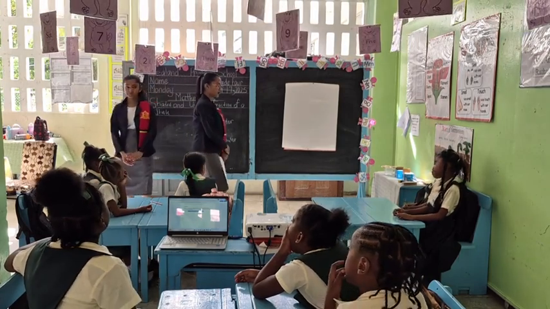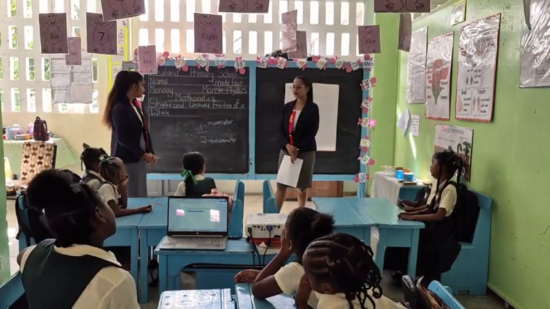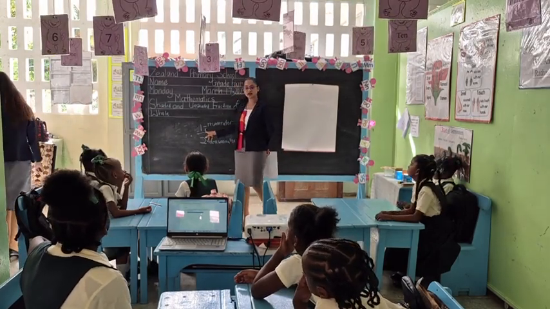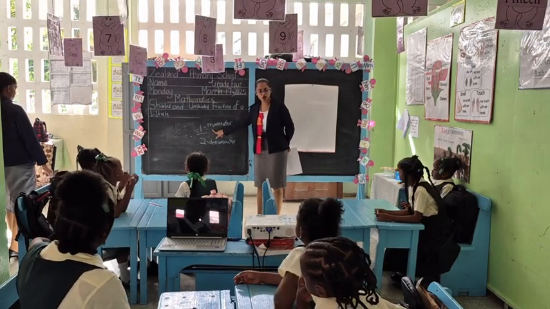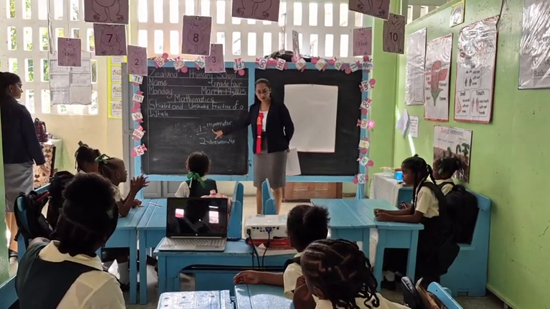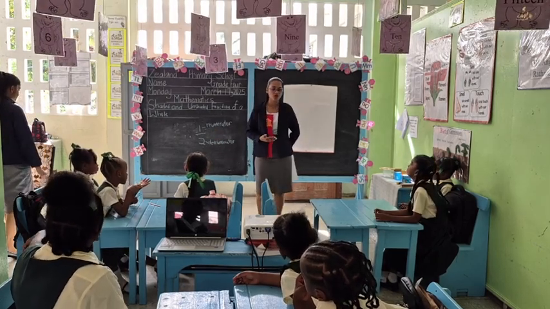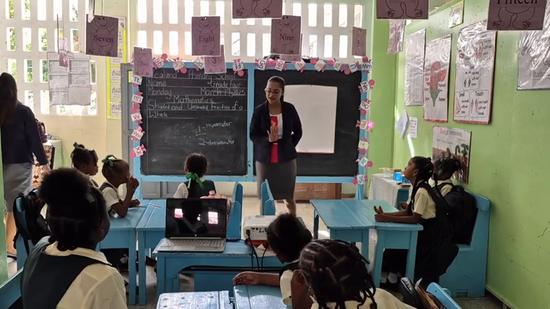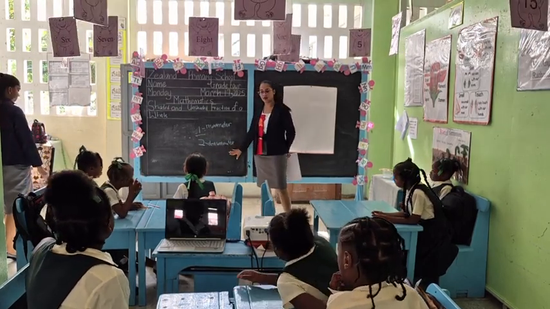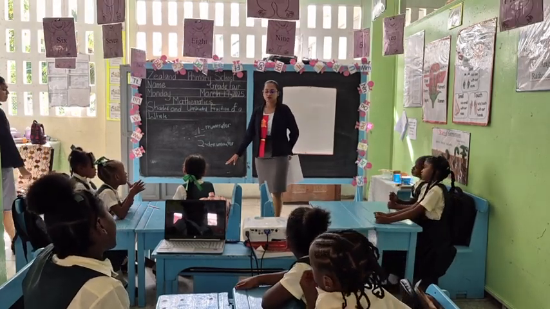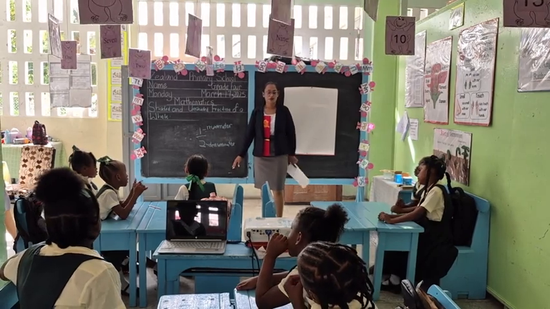So we understood just now that the top number is called what? What is the top number called, class? Very good. The top number is called the numerator. Excellent. And the bottom number is called the denominator, very good.